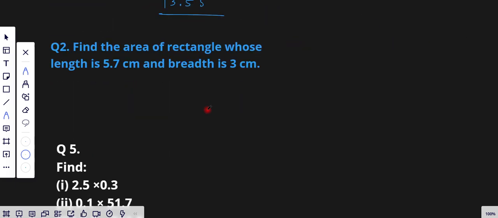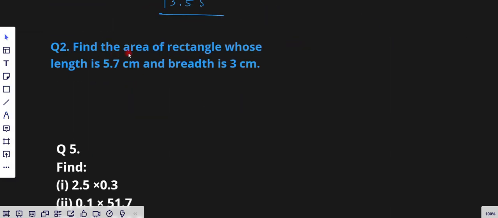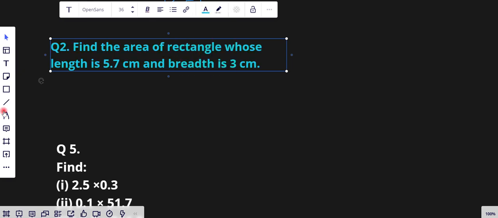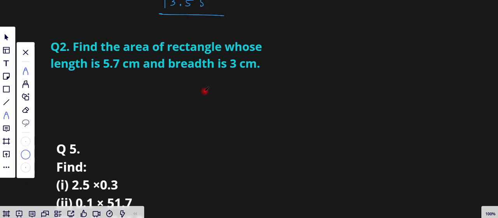Now the next question is, find the area of a rectangle whose length is 5.7 centimeters and width 3 centimeters. So the area of a rectangle is length into width, that is 5.7 multiplied by 3.